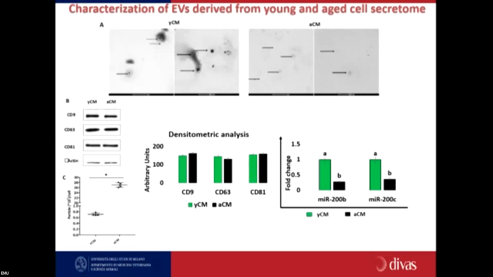Okay, so we started to characterize also the content of EVs. So we were interested in two specific miRNAs, miR-200b and c, and we observed that the expression level of these typical markers were different. So miRNAs were higher in young cell secretome than in aged.